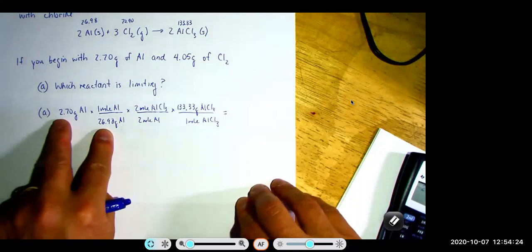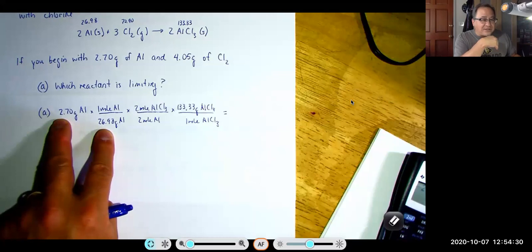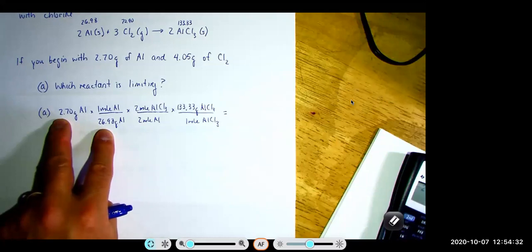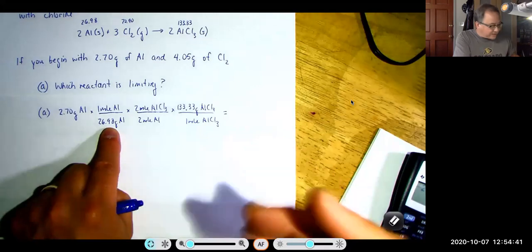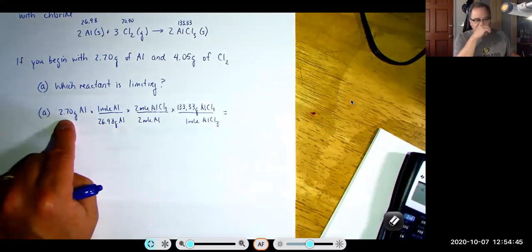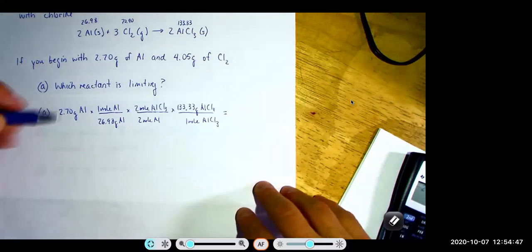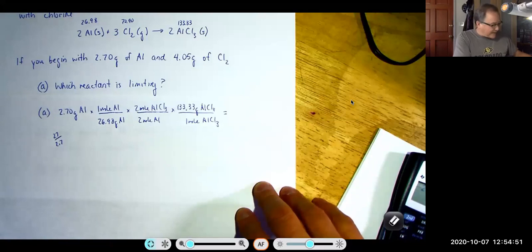Does 2.7 go into 27? Isn't this basically 27? I'm going to flip it. 27 divided by 2.7. You get 10.